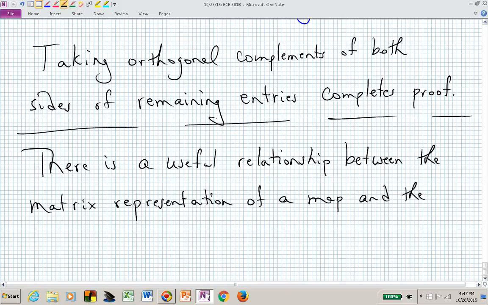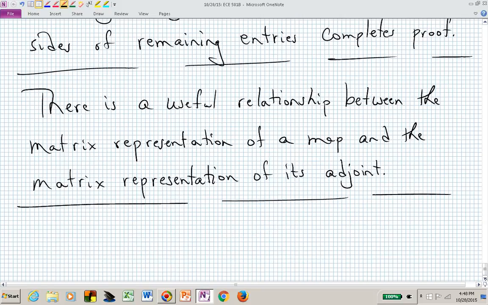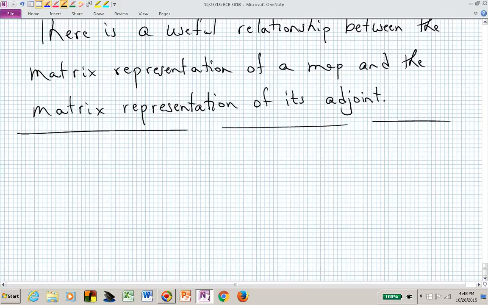There's a useful relationship between the matrix representation of a map and the matrix representation of its adjoint, which is proposition 47 in chapter 6 of the second edition.